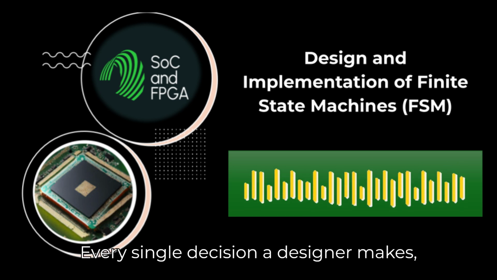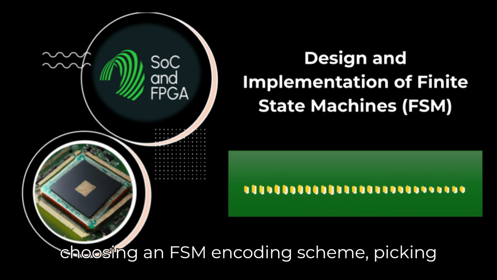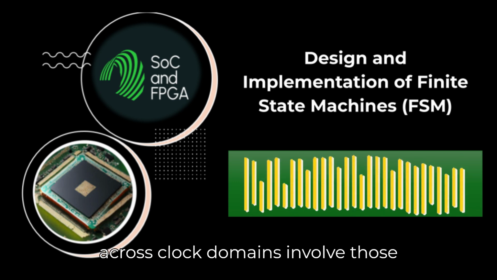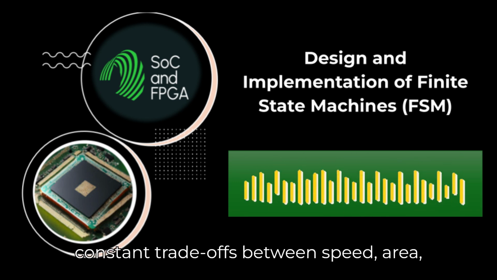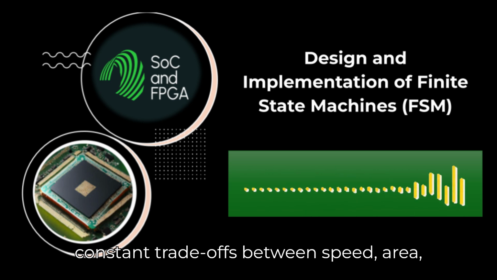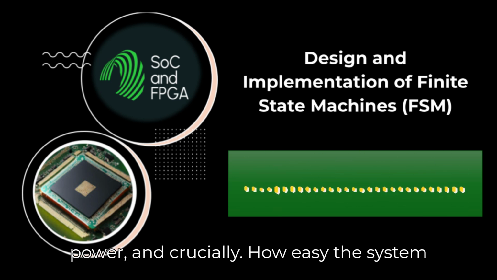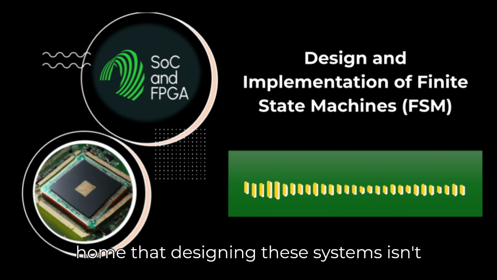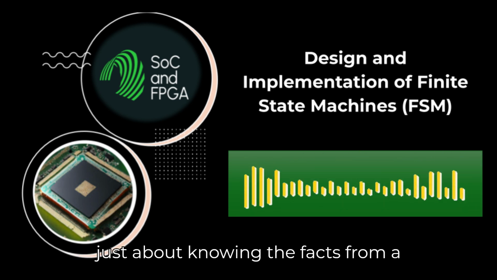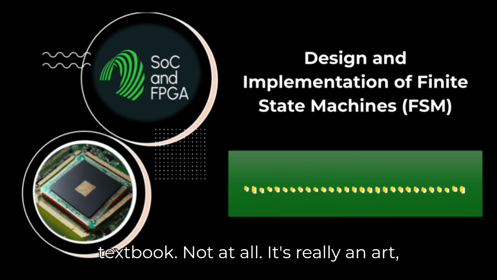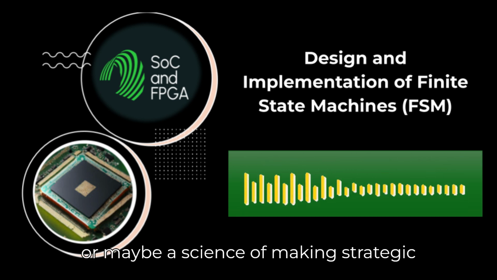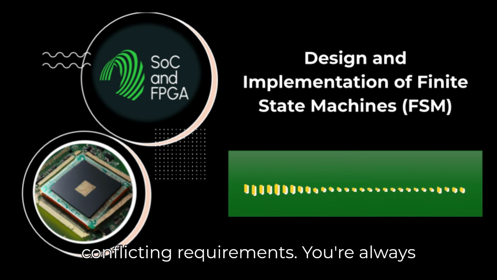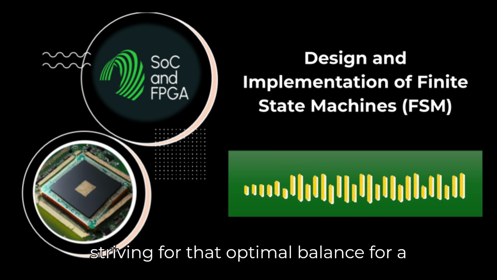Every single decision a designer makes, choosing an FSM encoding scheme, picking an adder architecture, routing signals across clock domains, involves those constant trade-offs between speed, area, power, and crucially, how easy the system is to verify and debug. It really hits home that designing these systems isn't just about knowing the facts from a textbook. Not at all. It's really an art, or maybe a science, of making strategic architectural choices based on often conflicting requirements. You're always striving for that optimal balance for a given application.